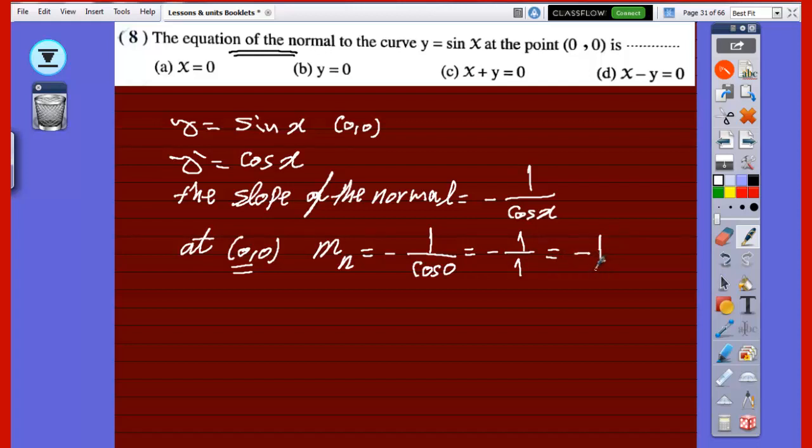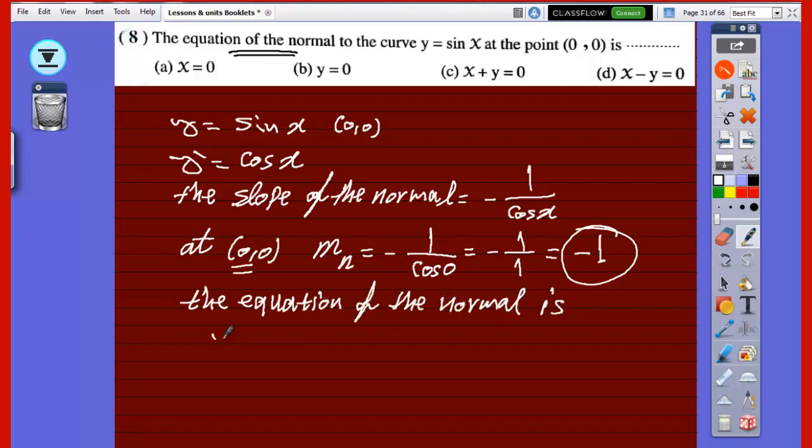Now we have the slope of the normal equals negative 1, passing through the point (0, 0). So the equation of the normal is y minus y1, where y1 is the y coordinate of this point, minus 0, equals the slope of the normal, negative 1, multiplied by x minus x1, which equals 0.